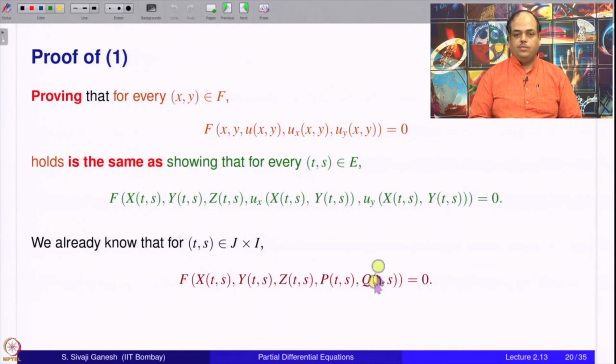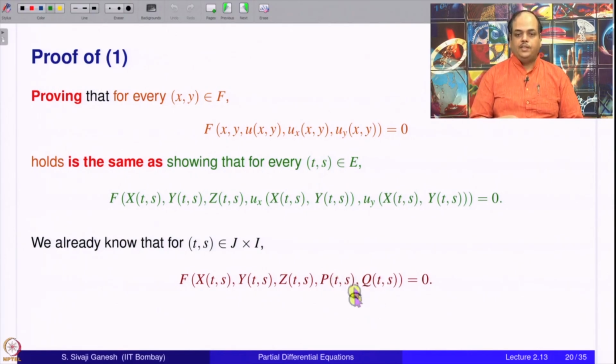There is a difference between the two, the difference being in the last two coordinates: u_x(x(t,s), y(t,s)) is here, p(t,s) is here, u_y(x(t,s), y(t,s)) is here, q(t,s) is here. Suppose we show that this pair of functions of (t,s) is the same as this pair, then we have shown this, because it is already known. So, let us try to do that.